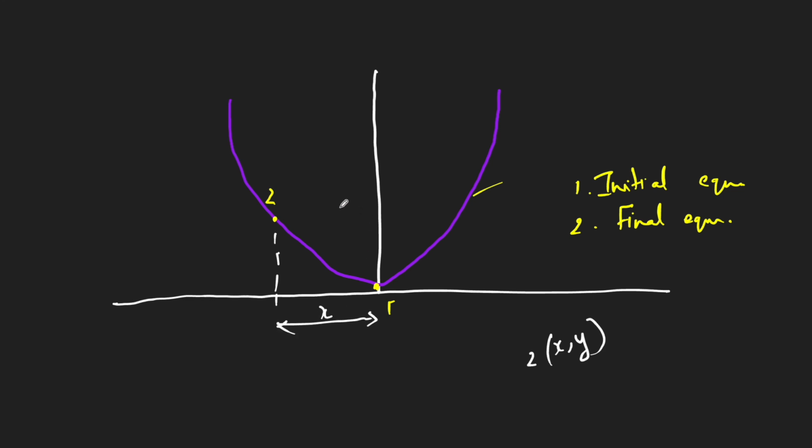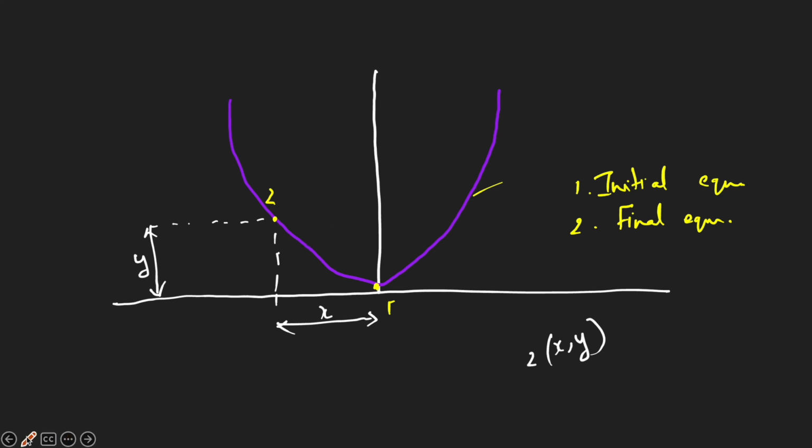And y must be this distance, this height. So this is the coordinate of point 2. Basically what we want to find out is the x, this distance at which the bead is now resting.